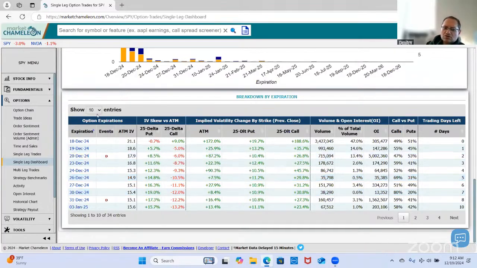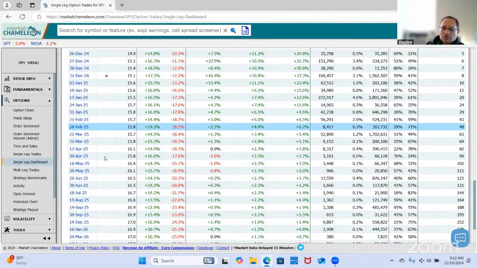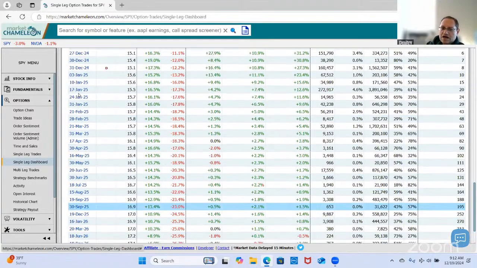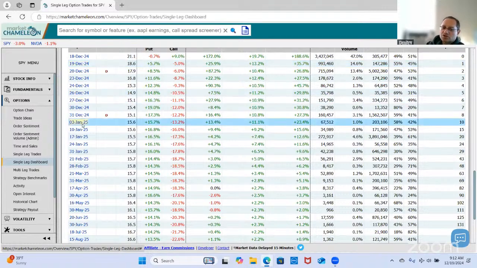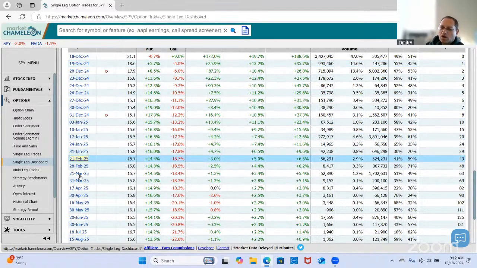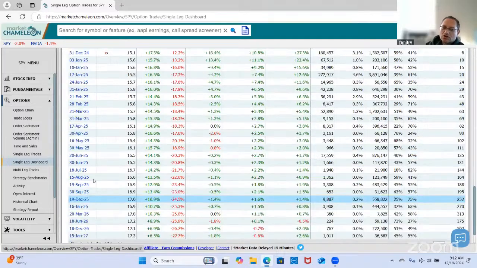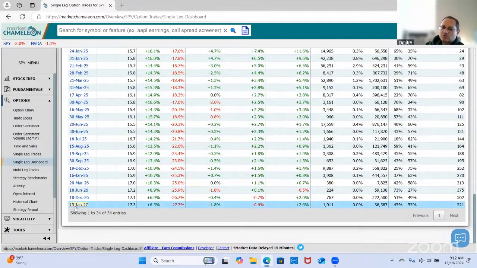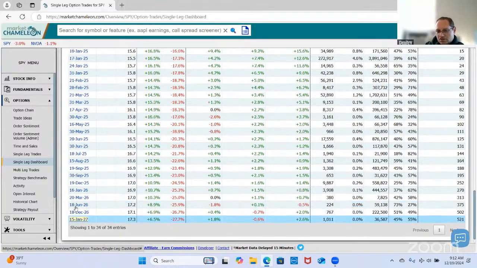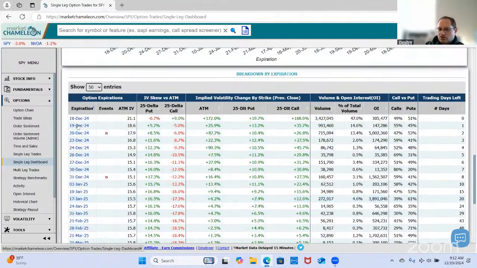So we could open up this table just to see all the available ones. So you could see, there are a lot of different option expirations available to trade in SPY. They go all the way out to January 15, 2027. And for each of these expirations, here's the at-the-money implied volatility, which are different.